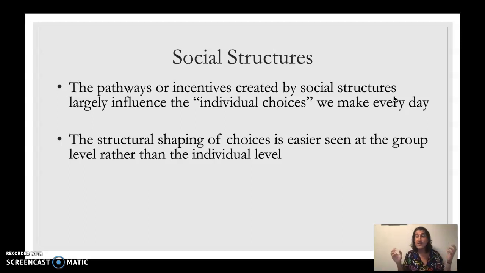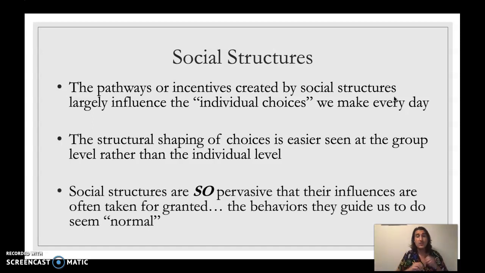So we can see the effects of social structures, things like gender. Gender is a great example of a social structure in society because it helps us predict those patterns of human behavior.